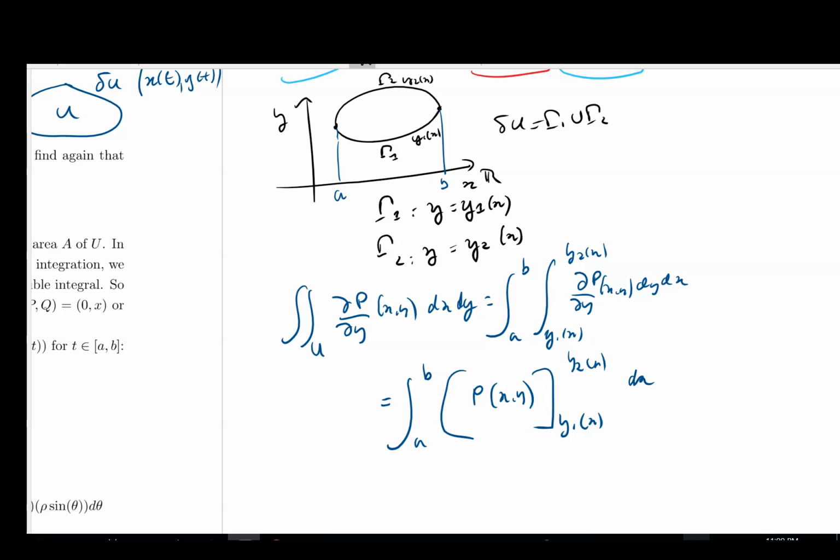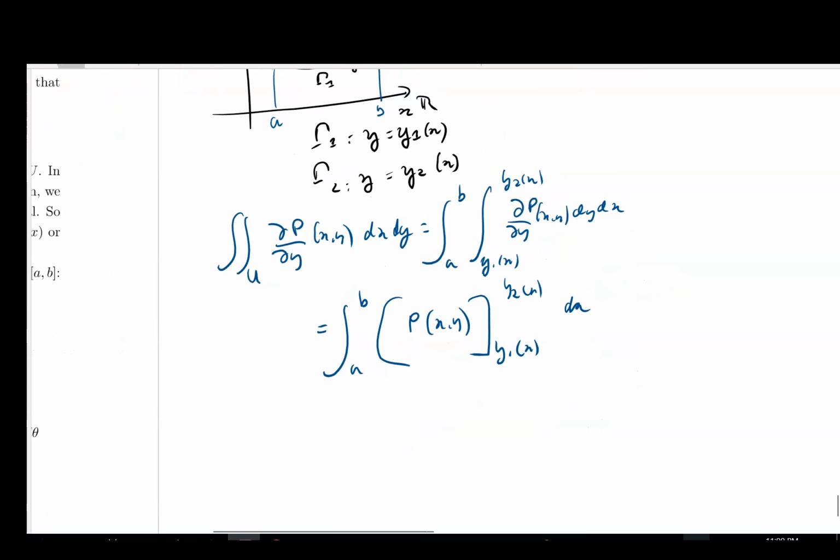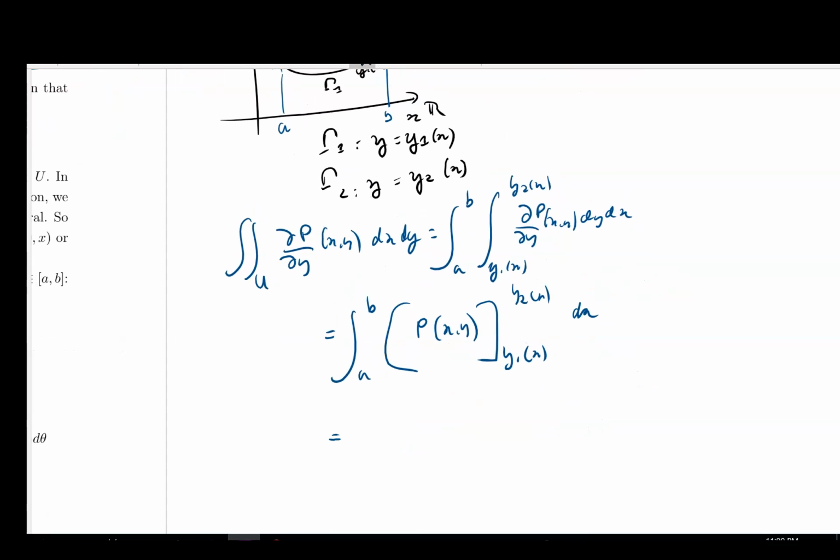If I expand that, that's going to be equal to the integral between a and b of P of x, y2 of x, dx, cut into two pieces, minus the integral between a and b of P of x, y1 of x, dx.